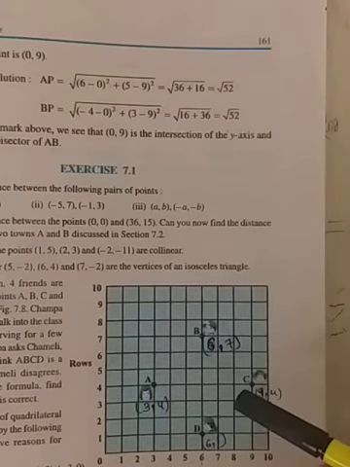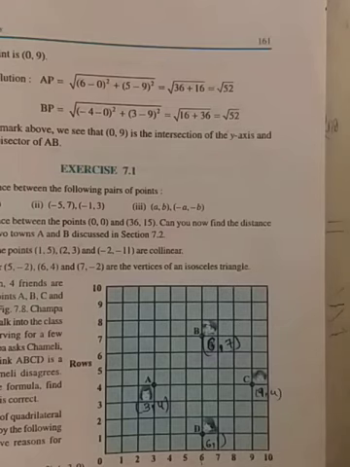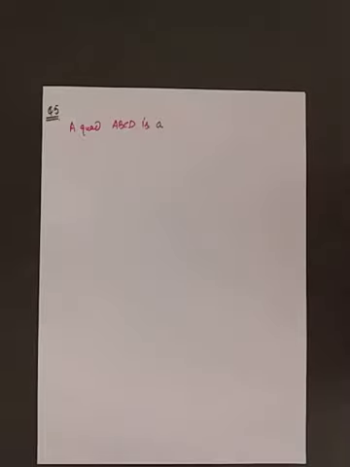So before this we will learn some properties. How can we say something about a quadrilateral? A given quadrilateral ABCD may be a parallelogram, a rhombus, a rectangle or a square.